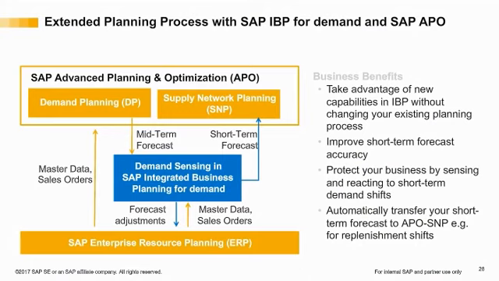SAP APO remains a key and strategic part of the SAP supply chain offering, bringing a lot of benefits in planning processes in combination with SAP IBP for Demand, such as new capabilities in IBP without changing customers' existing planning processes, better forecast accuracy, timely sensing and faster reacting to short-term demand shifts, and automatic transfer of short-term forecasts to APO SNP.